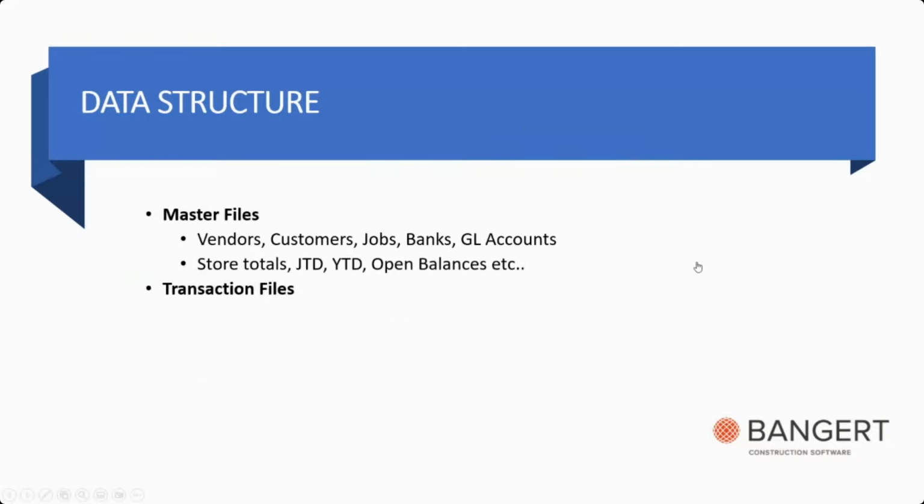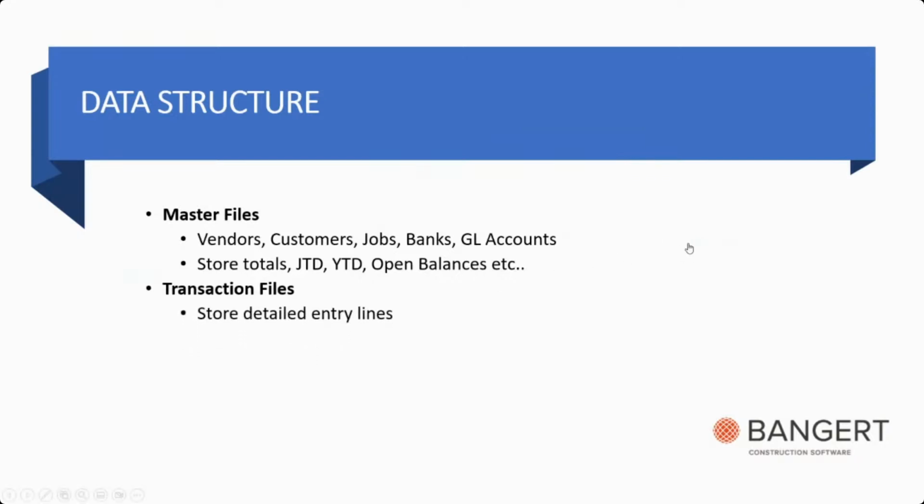Basically, what's going to happen here is we are going to store totals. We are going to store and possibly be able to retrieve job to date totals, opening balances, year to date totals. You're not going to be able to do any date sensitive reporting here, but this is going to store and update totals as transactions post throughout the system.